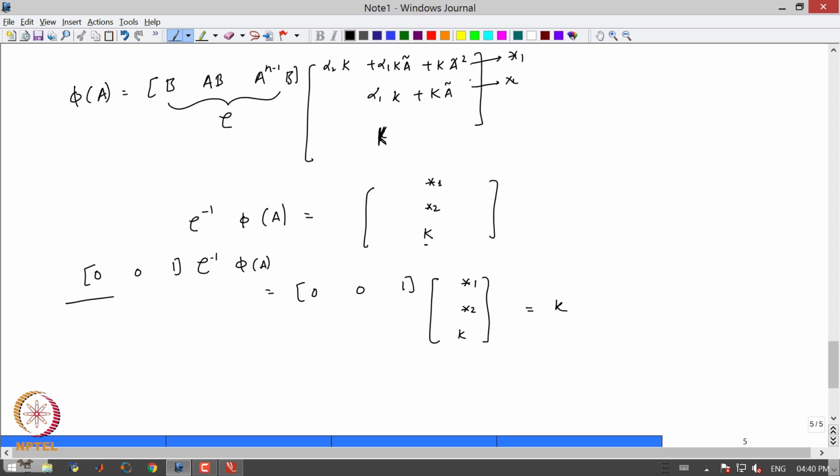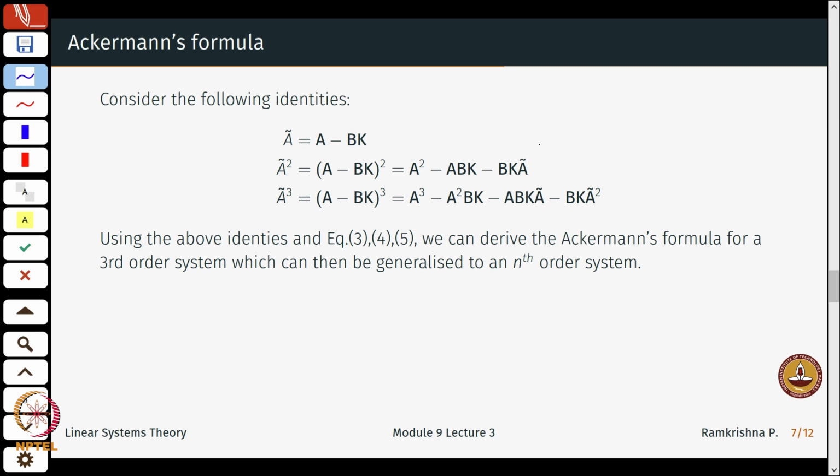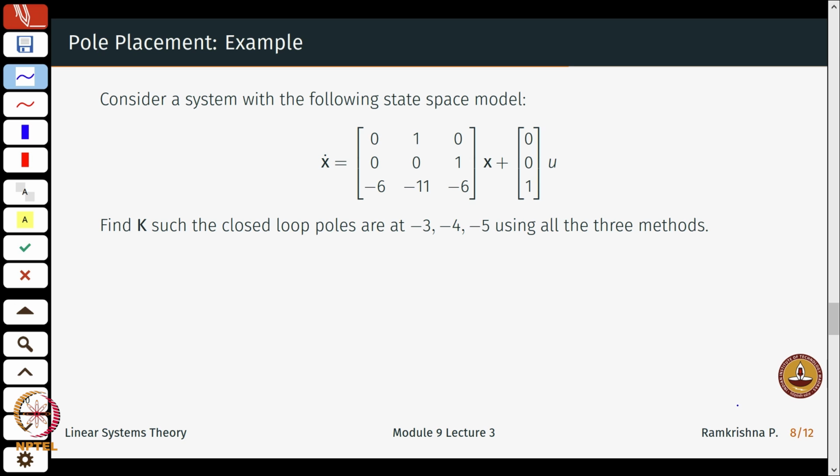Looking at this and this, it turns out that k is simply 0 0 1 C inverse phi of A. This is what is called the famous Ackermann's formula. That is what we derive through Ackermann's formula.